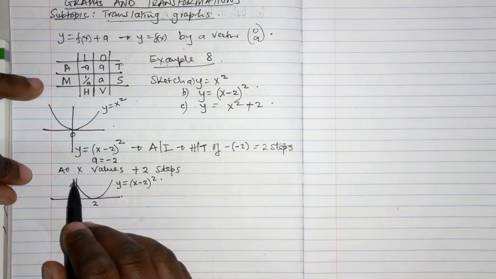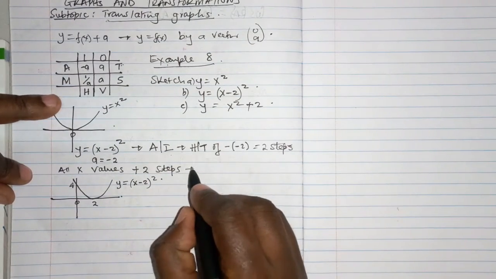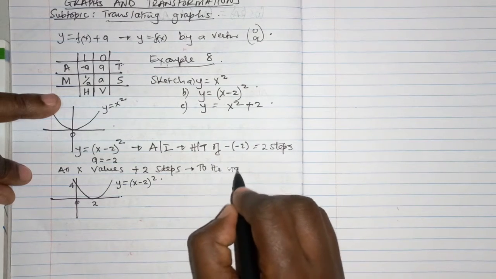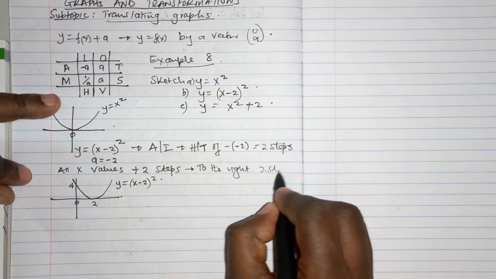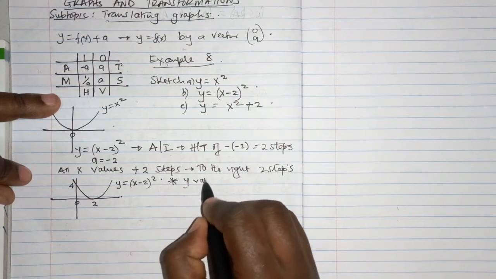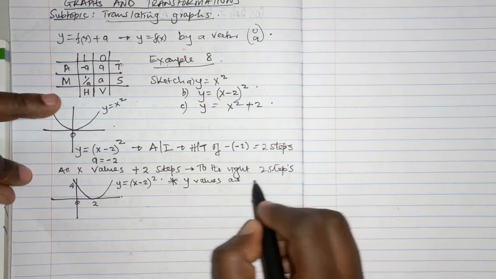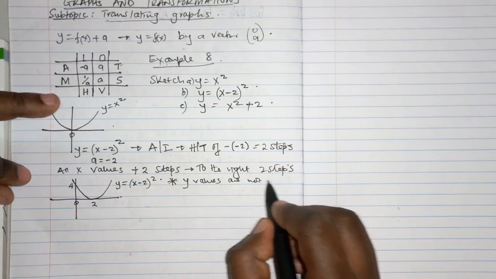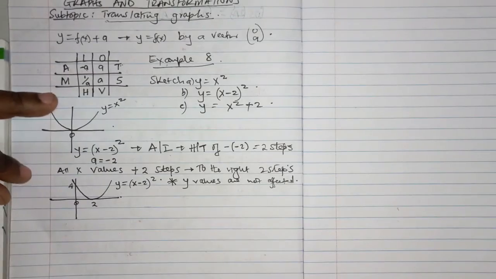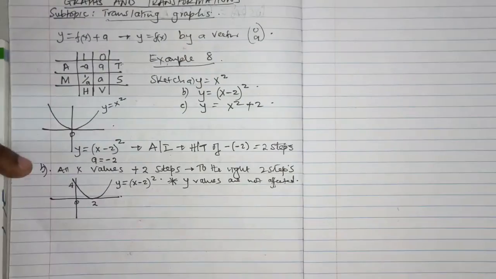So all x values plus 2, they will go to the right 2 steps. Remember, y values are not affected, and that is part B.